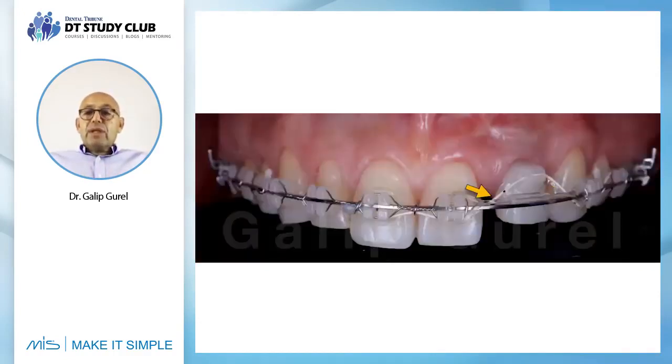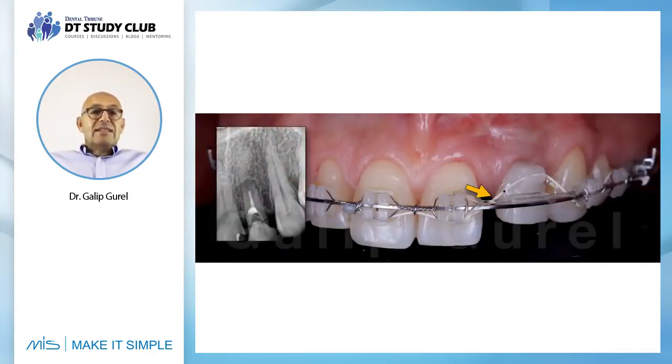The move will be to close this gap, and you see that this tooth needs to be extracted anyways. So you can say, if we're going to extract it, why is this effort? Well, all these efforts are to move the bone and the soft tissue to the ideal position so that after extraction we'll create the best socket space for that new implant.